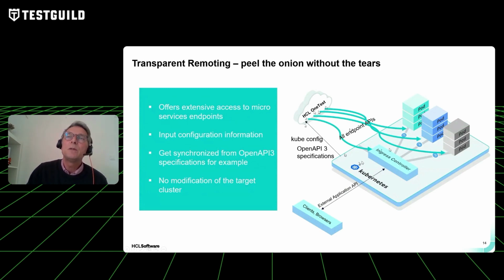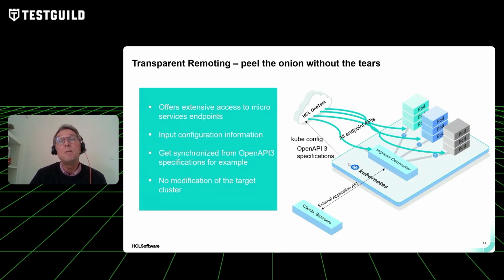The user is not required to change anything in the cluster. Just give the permission, and OneTest API will be able to connect to any of these without changing the cluster. And then once this connectivity is established between OneTest API and the cluster, you can do everything you already do with OneTest API.